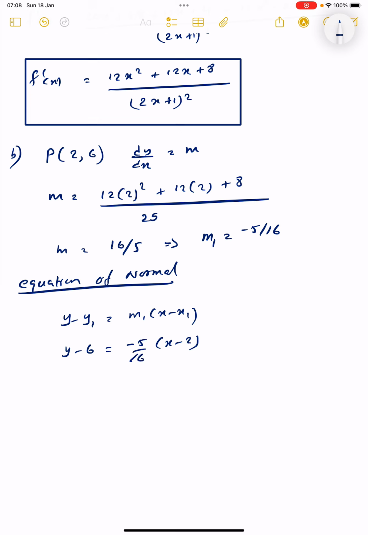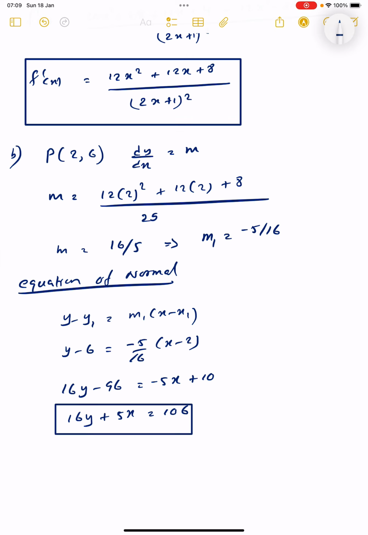So multiply the whole thing by 16: 16y − 96 equals −5x + 10. So you get the formula 16y + 5x is equal to 106. So that is the equation of the normal.